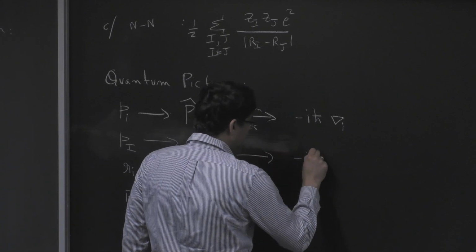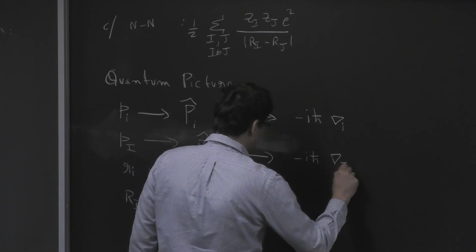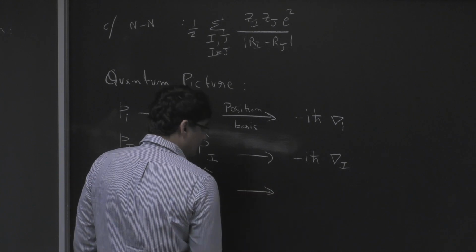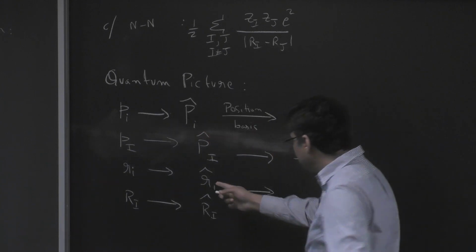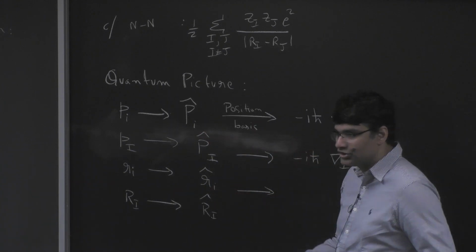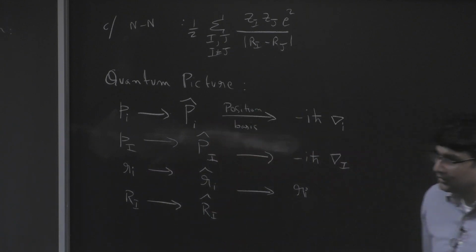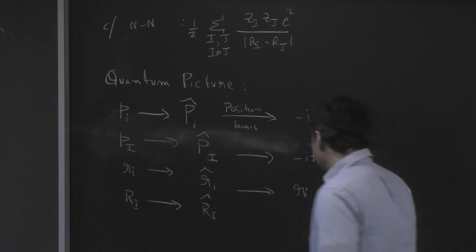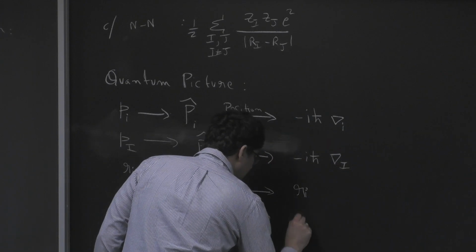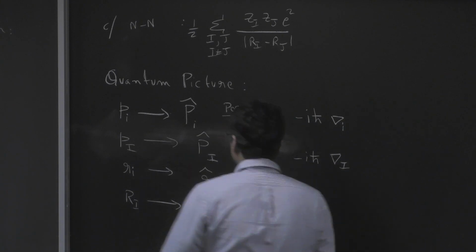And when you express the position operator in the position basis, it just returns the position of each of the electrons or the nuclei. So that becomes r_i, and this becomes capital R_I.